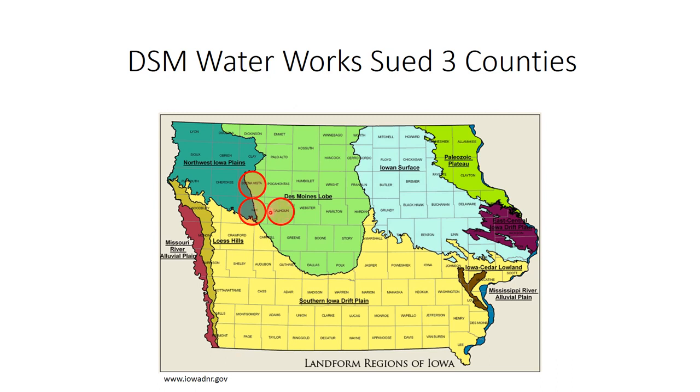And so in order to try to get the counties to kind of clean up their act so that they wouldn't have to pay money to run these resin tanks all the time, they sued these 3 counties so that they'd actually do more to prevent nitrate from going into the water. And I should mention that it costs $1 million a day to run those resin tanks, so it's not a cheap operation. So this is serious money we're talking about here.